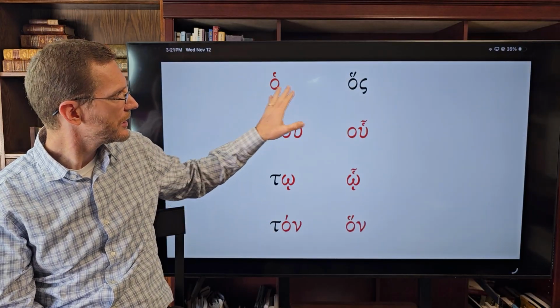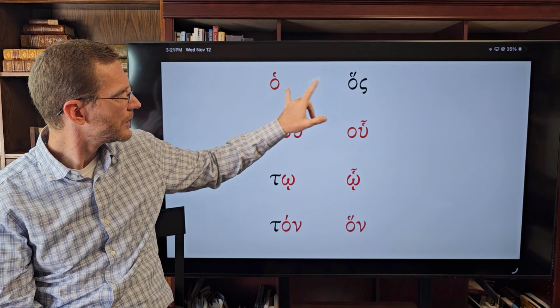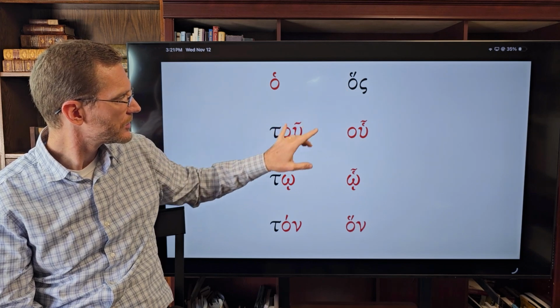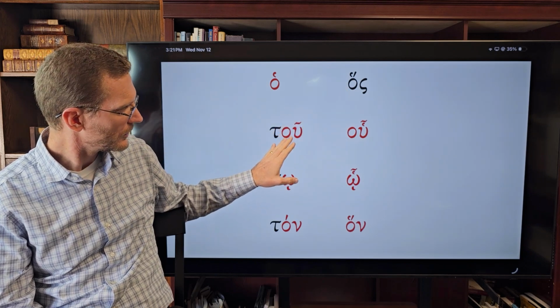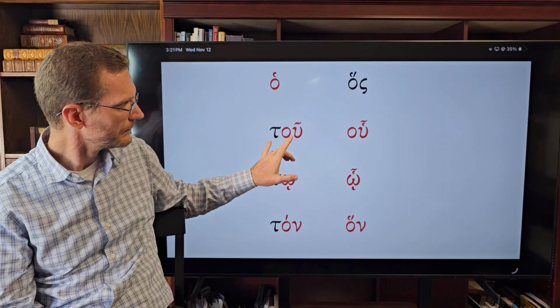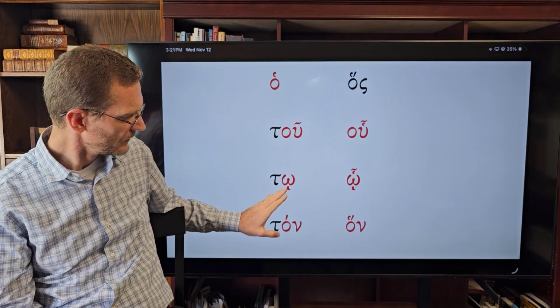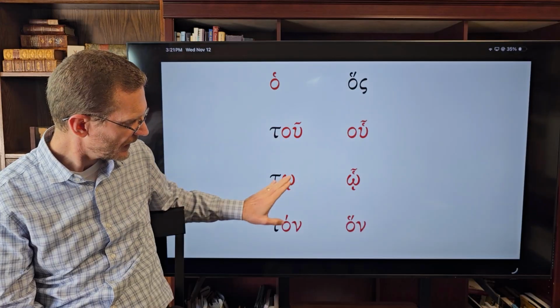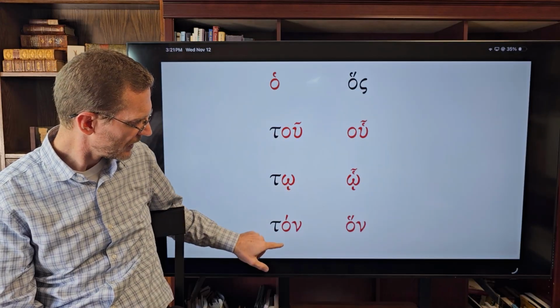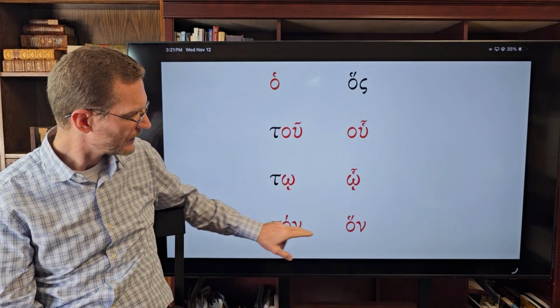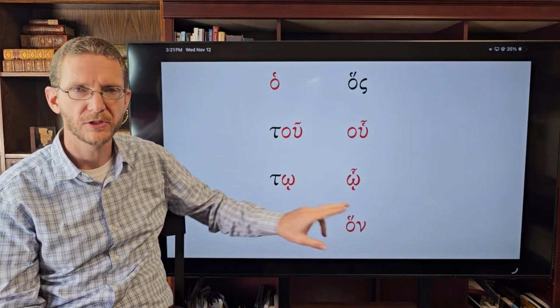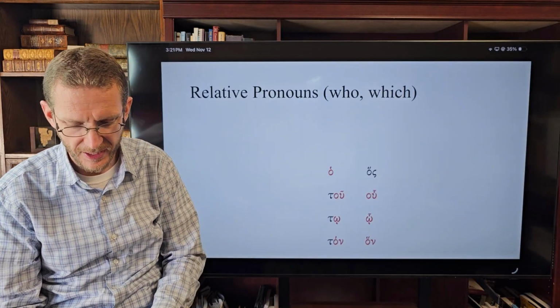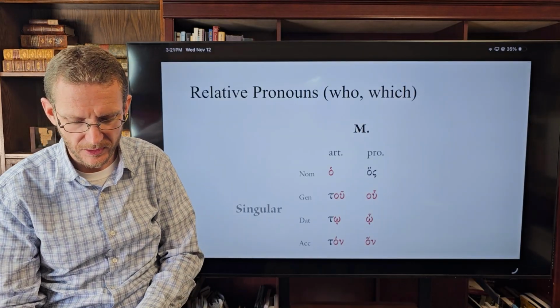So you can see here there's a slight difference between the endings in the nominative singular, but then when you go to the genitive, the endings are the same, but there are some differences. Same with the dative. Same with the accusative. The endings are the same, but there are some differences.